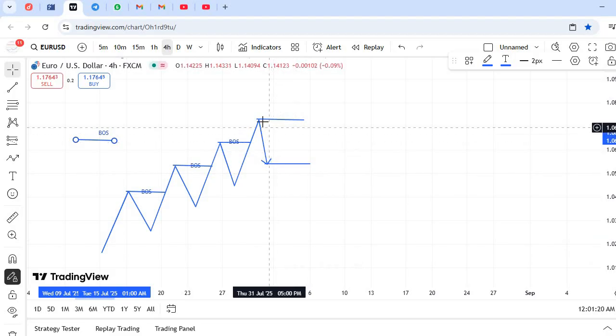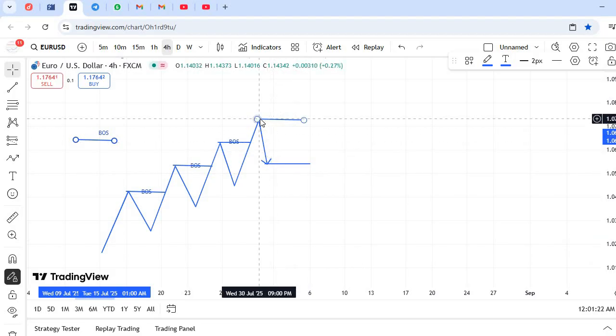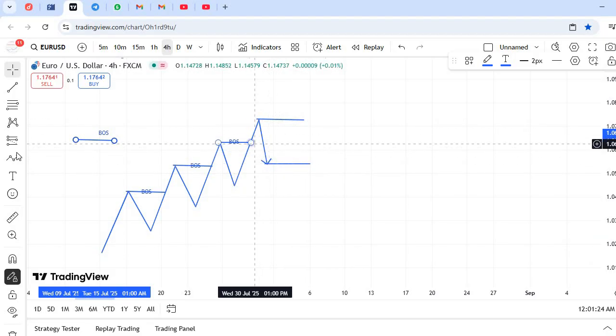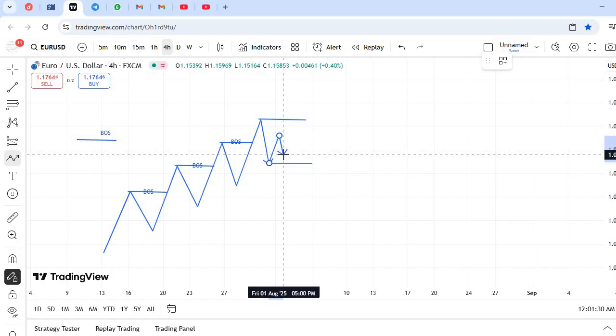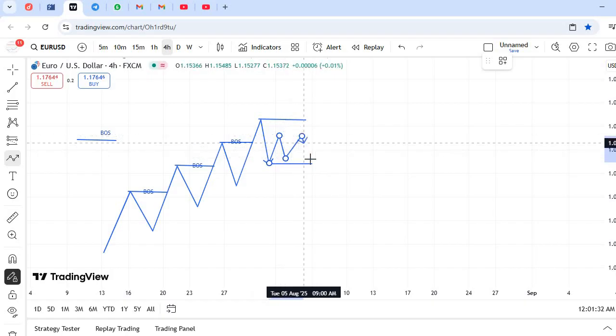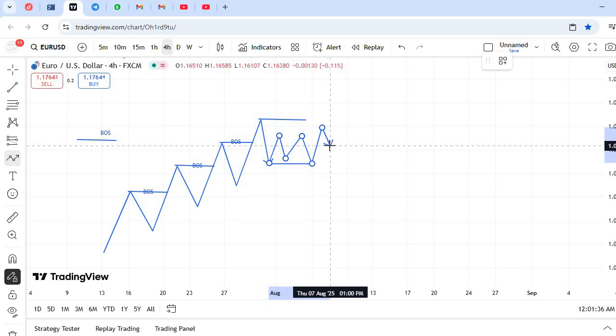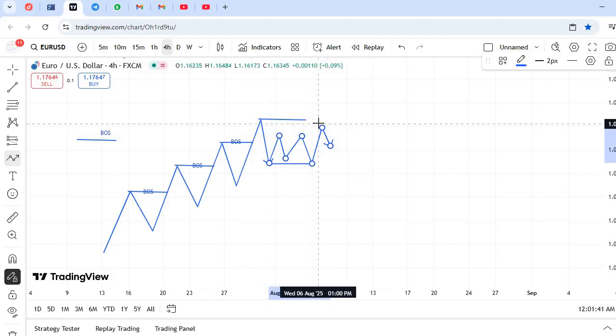So for instance now, this is the last high, and this is the last low. So if for instance now we have price do something like this, you can see that now we are still within this range.